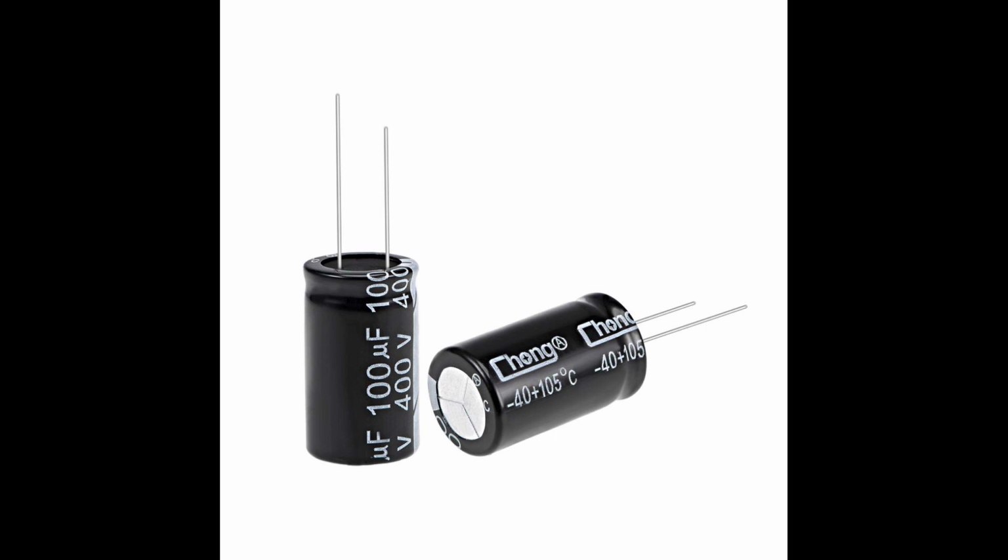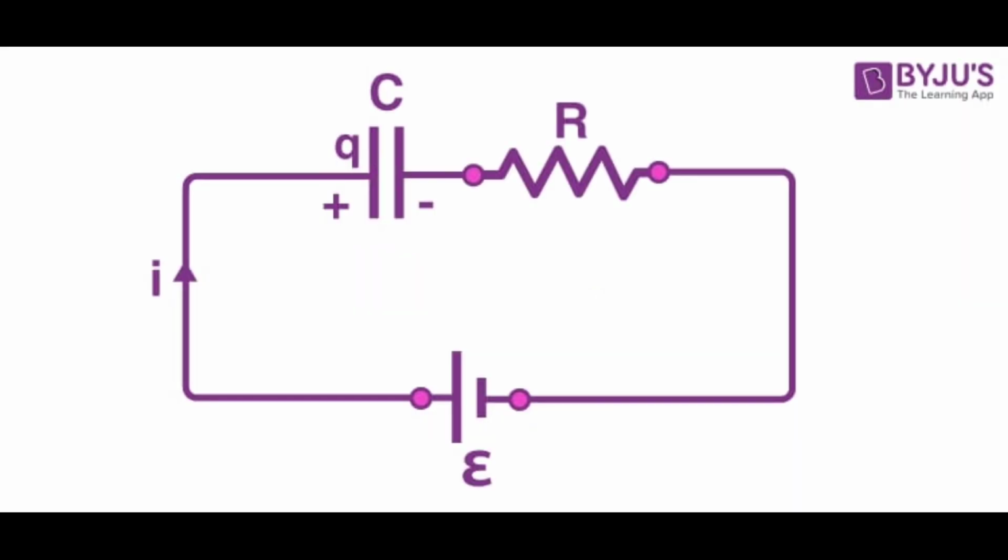Now, what happens is, initially the capacitor has zero charge on it, but as the time increases, charge starts accumulating on the capacitor, in the growth of charge in the RC circuit.